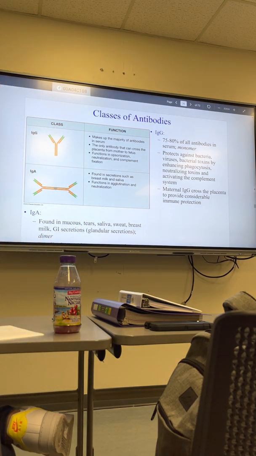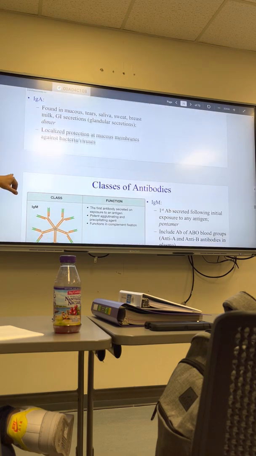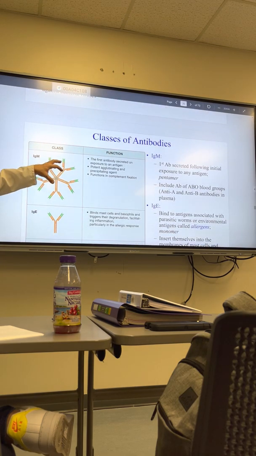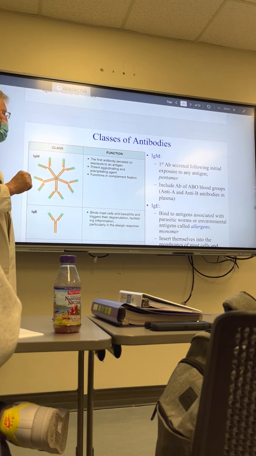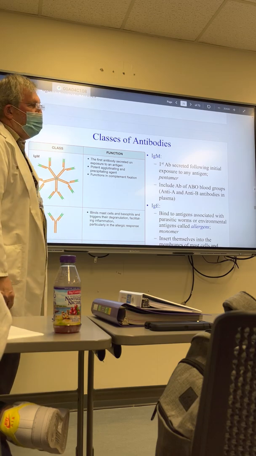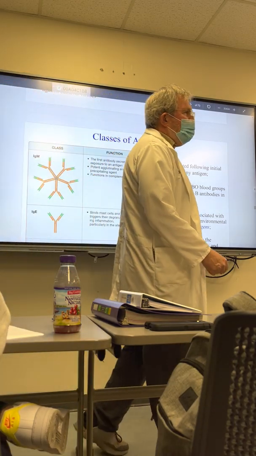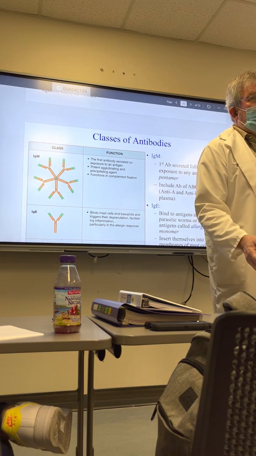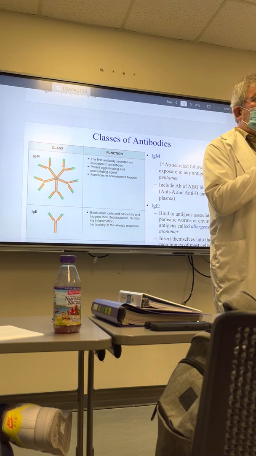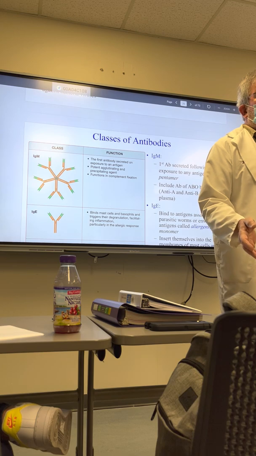IgM is the biggest one. IgM is the first one that's produced in a primary response. It's this massively huge one here. So that's the kind of test question usually with IgM. It's the first one that's released in a primary response. So during a primary response, once that B cell has undergone its full activation, the first thing it will start to spit out is IgM.